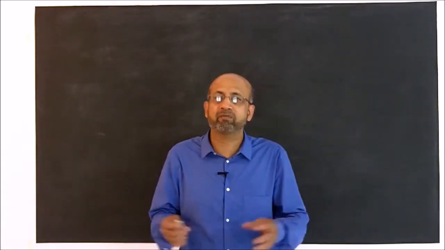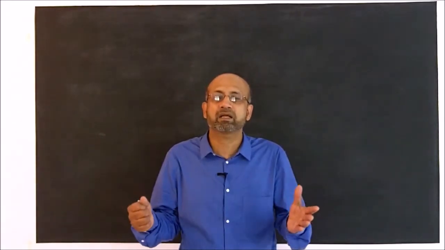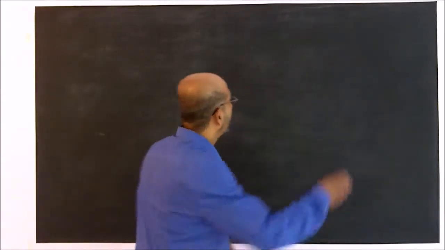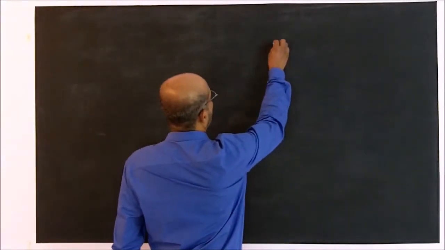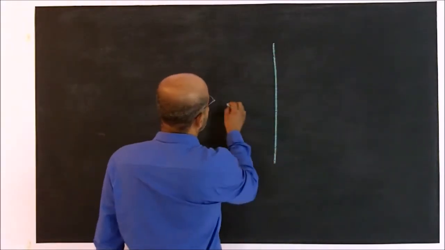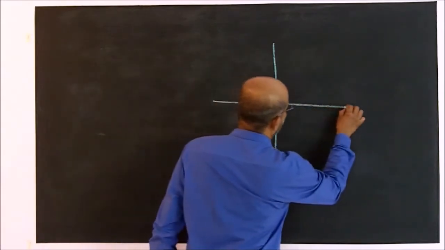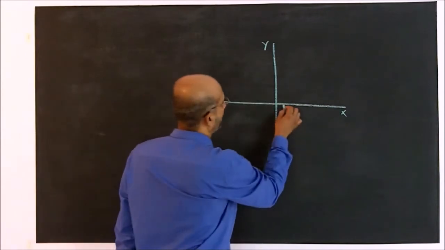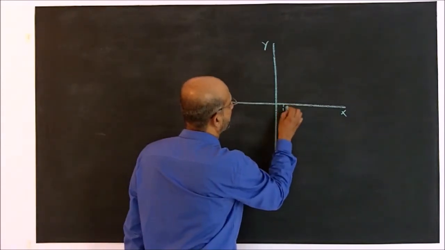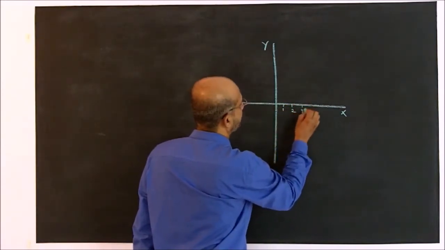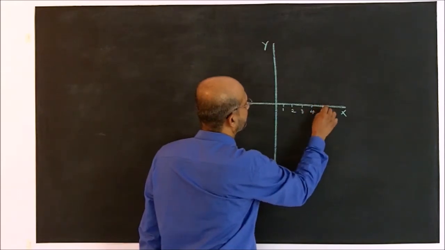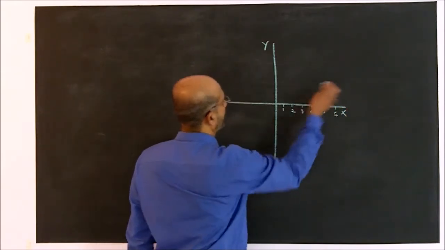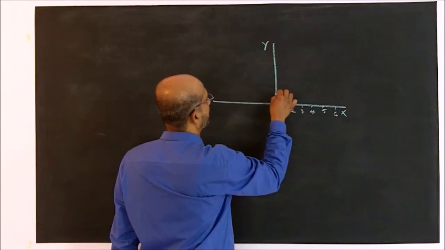But later on, we invented the 2-dimensional graphs. That is, we have the y-axis, and then we have the x-axis, and we plotted all the positive numbers on this side, on the right side, and here again positive numbers.